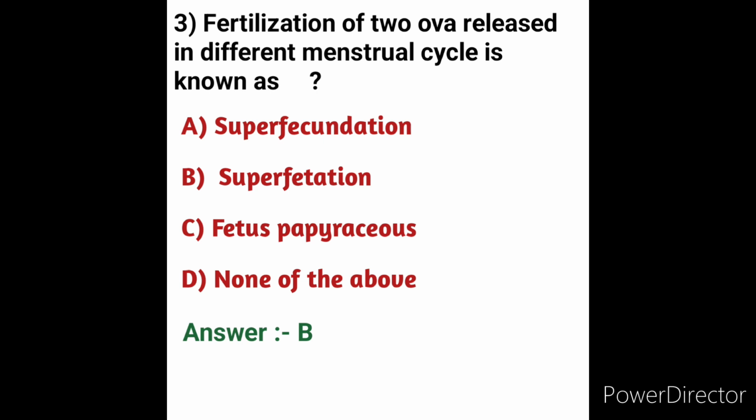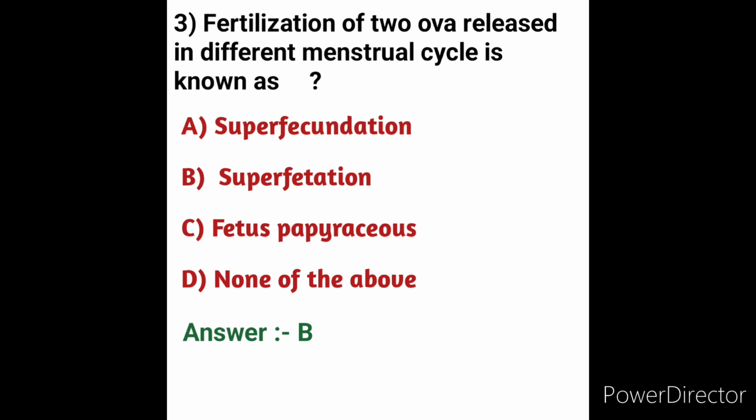Fertilization of two ova released in different menstrual cycles is superfetation. Option B is the correct answer, but we have to know what superfecundation and fetus papyraceous are. Superfecundation means the body releases two or more eggs during the same menstrual cycle.